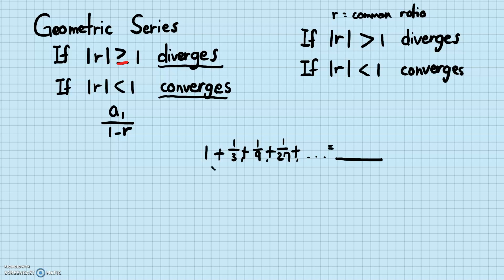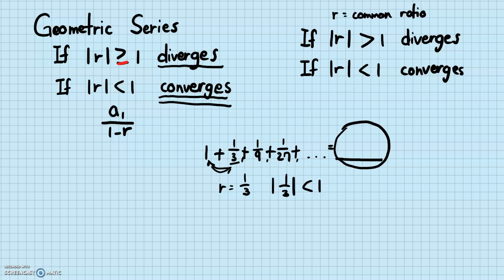What is r? Just divide any term by its previous term. 1/3 divided by 1, so r is 1/3. And the absolute value of 1/3 is less than 1, so we know that it converges, meaning that if we add all of them together, we'll get some number. And to what value will it converge?